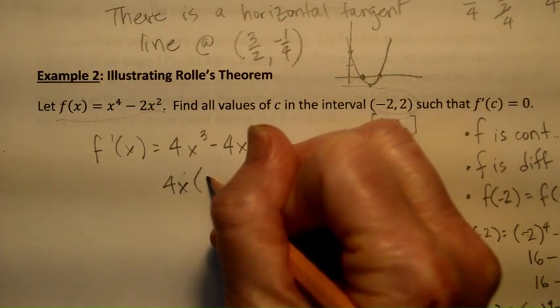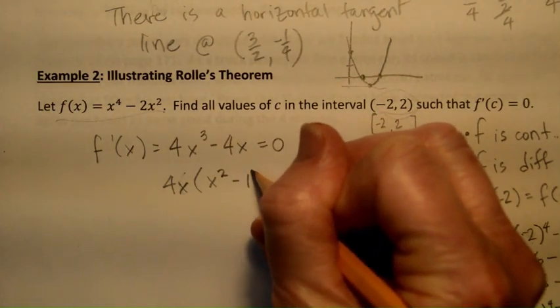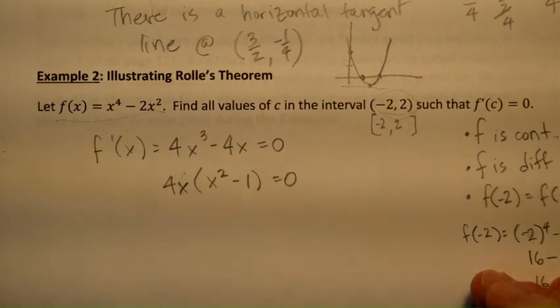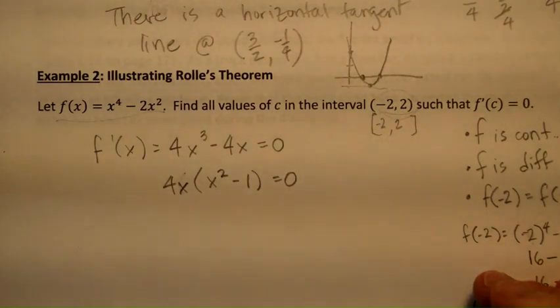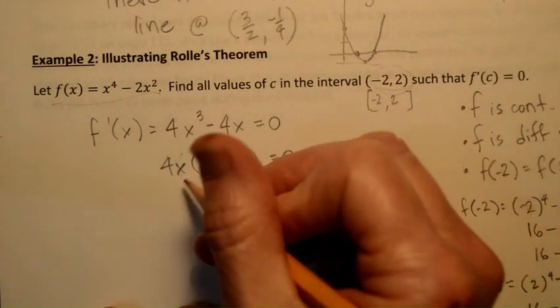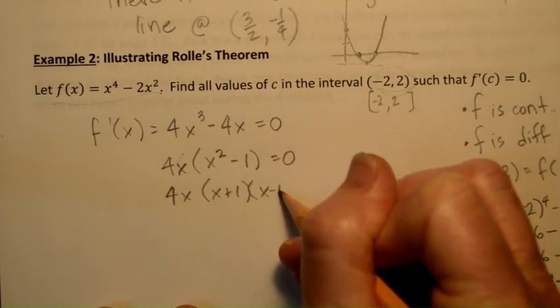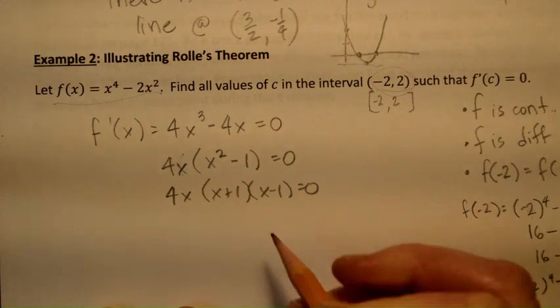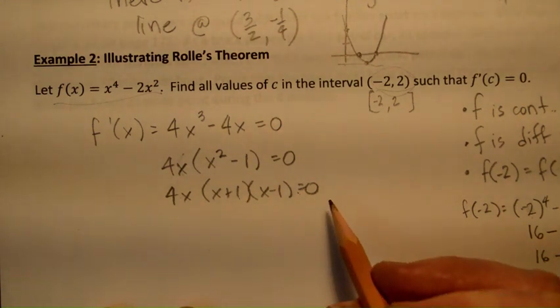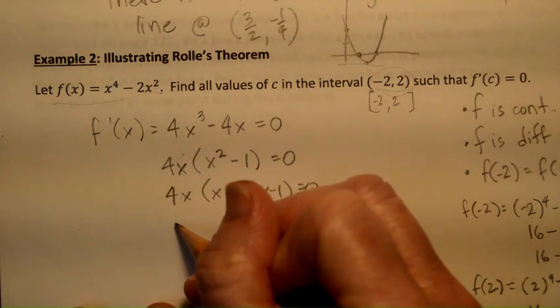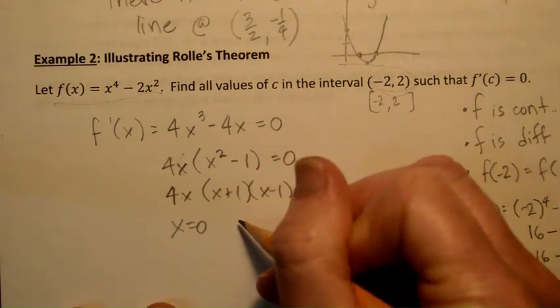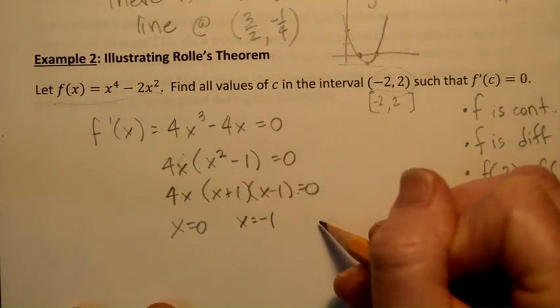And I end up with x squared minus 1 equals 0. All right, this factors more, so we've got x plus 1, x minus 1. So I have a product of three things equaling 0. One of them has to be 0, so I end up with x equals 0, x equals -1, and x equals +1.